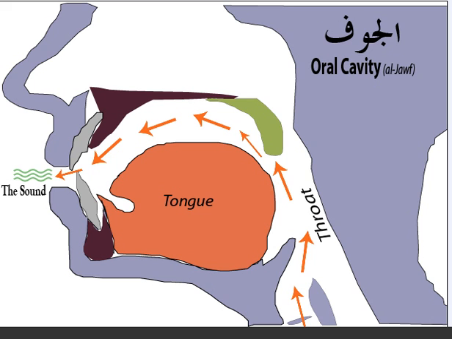So these are the letters of mad. Their makhraj would be muqaddar. It is not a fixed point, but it goes in makhraj al-jawf between the throat and the mouth.